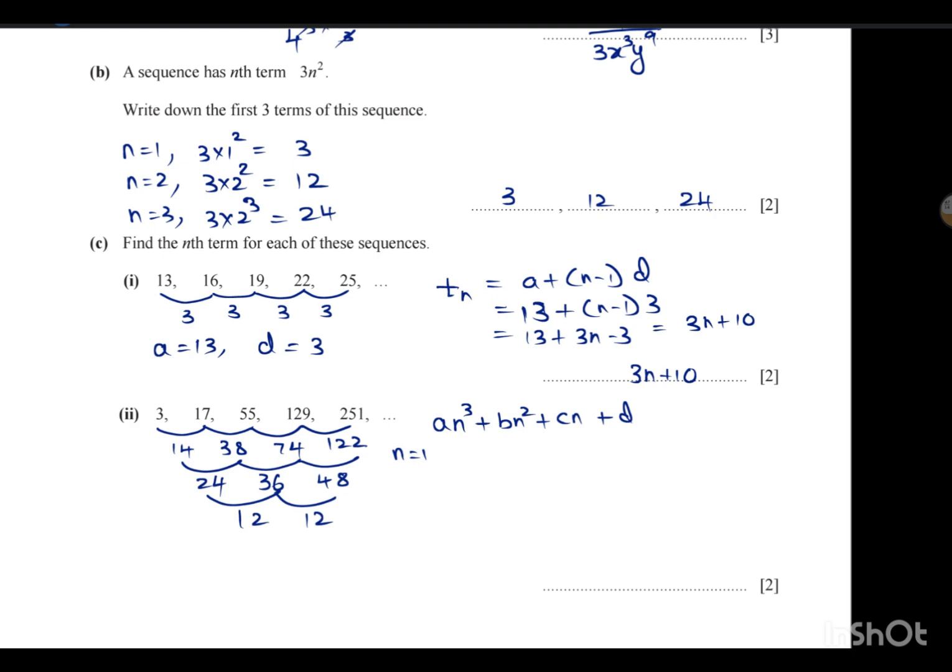When n is equal to 1, the first term is 3. So n cube will be 1, so a, n square also will be 1, so b, n will also be 1, so c plus d will be equal to 3. This is equation 1. Then when n is equal to 2, n cube is 8, so 8a, n square is 4, so 4b plus 2c because n is 2, plus d is equal to 17. This is equation 2.